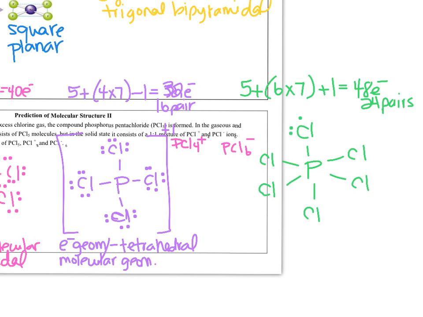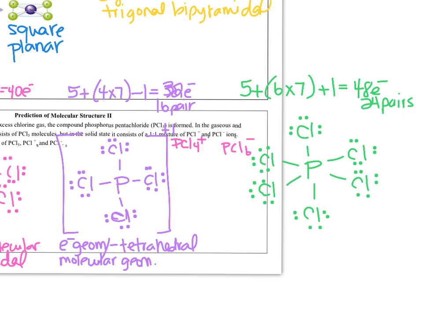So 1, 2, 3, 4, 5, 6, 7, 8, 9, 10, 11, 12, 13, 14, 15, 16, 17, 18. So everything ends up with its octet. So I know that that is satisfied.